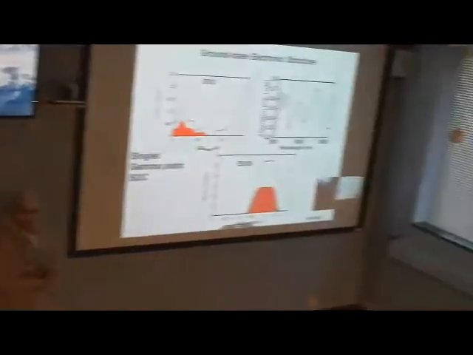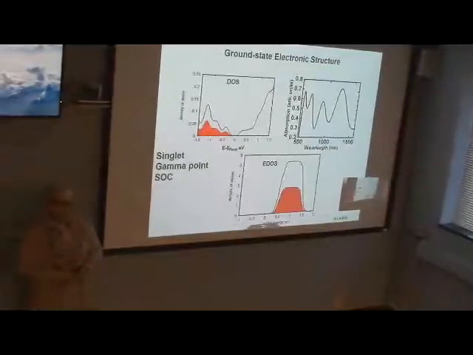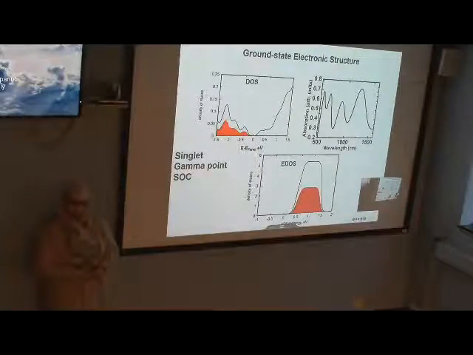Can you briefly summarize the general structure of the results? Which results are you going to show? I'm going to show the singlet state and triplet state, the singlet at gamma point and at three different k points, and the triplet also the same.